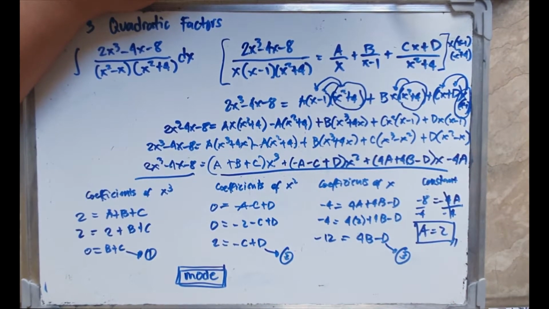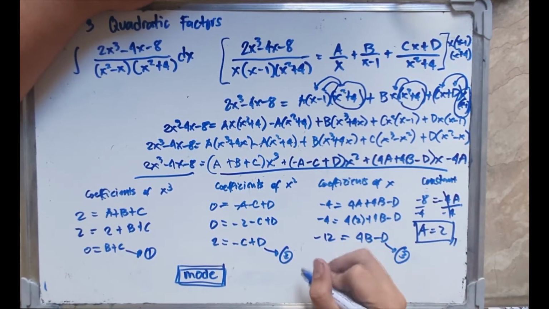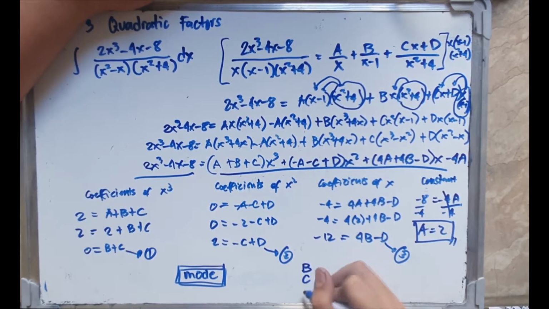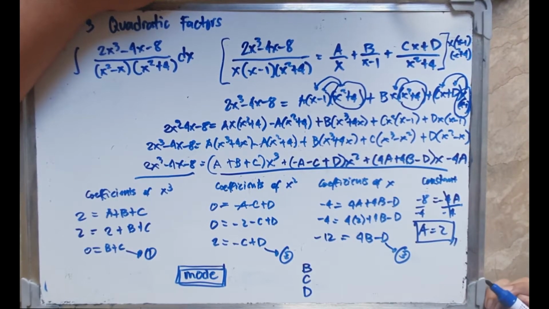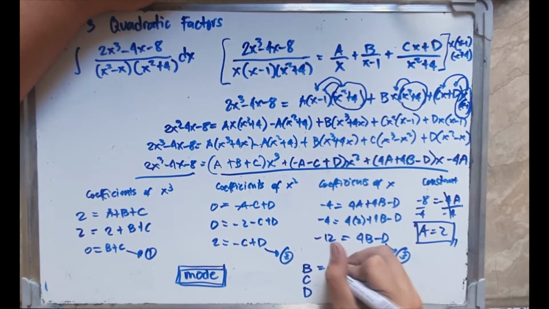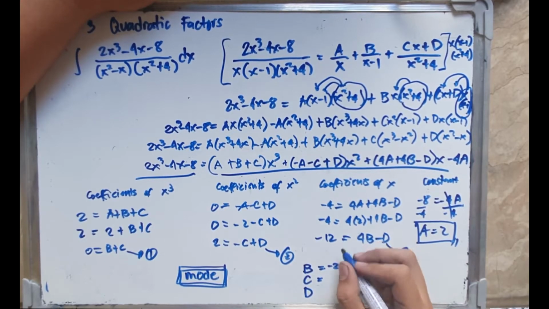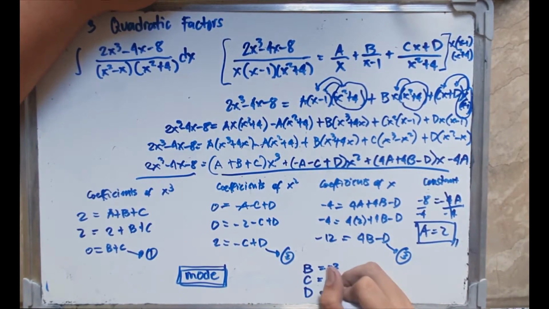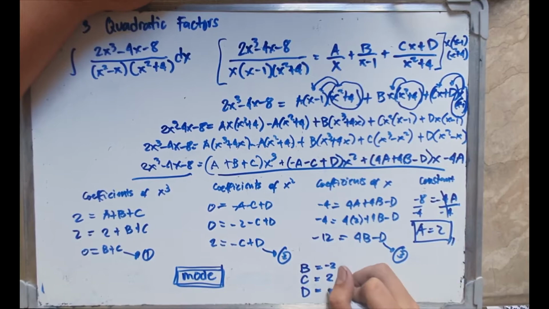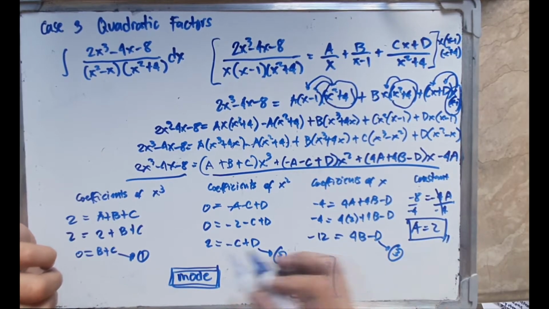And we could find the values immediately, the values of b, c, and d. For b, it is negative 2. For c, that is positive 2. And for d, that is positive 4. Okay, so these are the values obtained using our calculator.